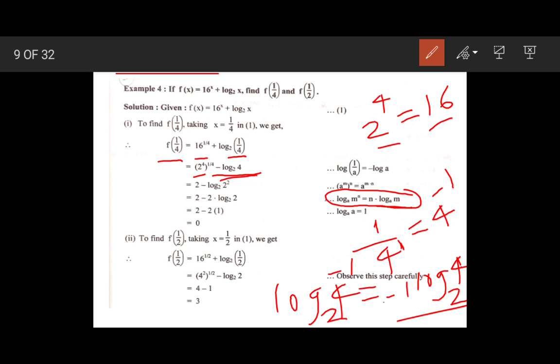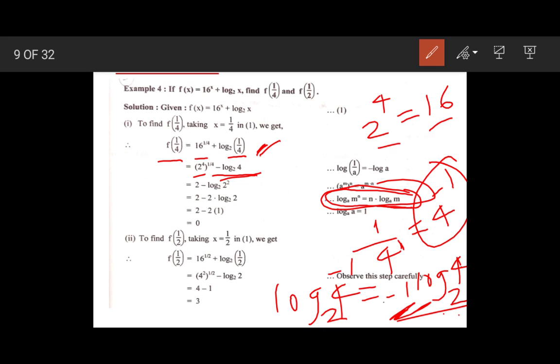Okay. So this 1 upon 4, once again, listen very carefully. This 1 upon 4 can be written as 4 raised to minus 1. Then by applying the rules of logarithm, this minus 1, this index comes here. So minus 1 into log 4 to the base 2.